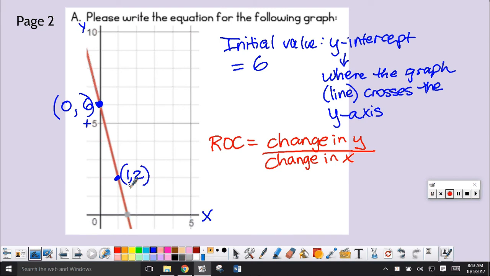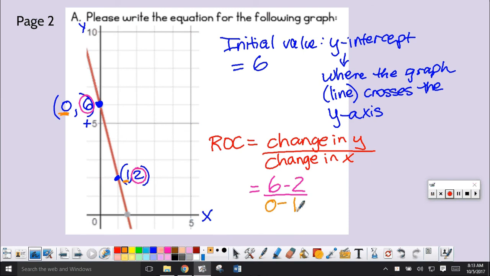I'm going to find my change in y values. My y values are going to be purple, and my x values are going to be underlined in orange. So my change in y would be 6 minus 2 divided by my orange values. 6 has an x value of 0, and 2 has an x value of 1.